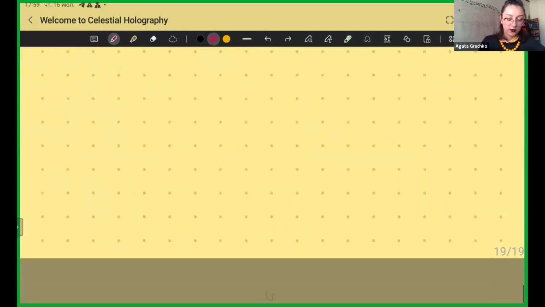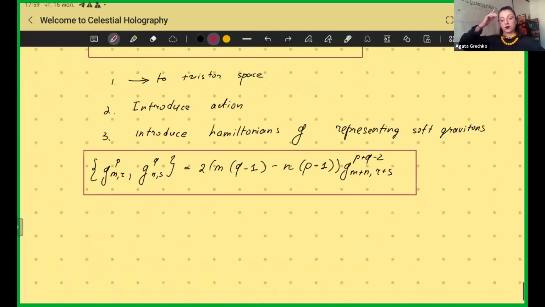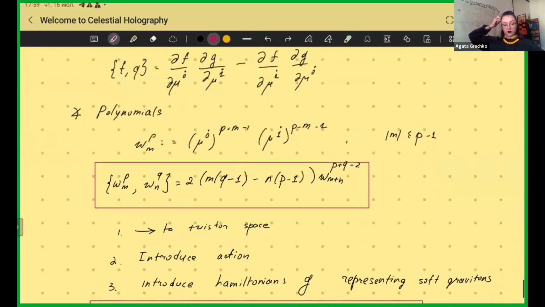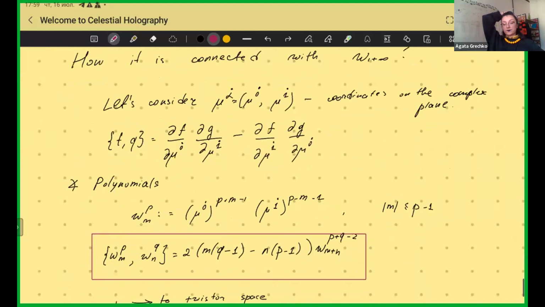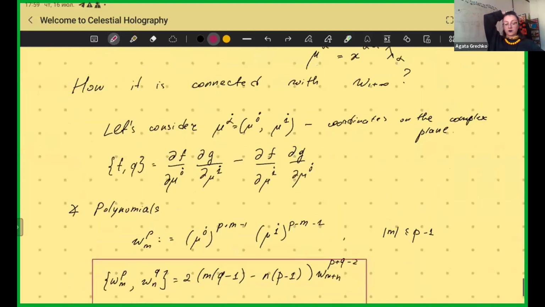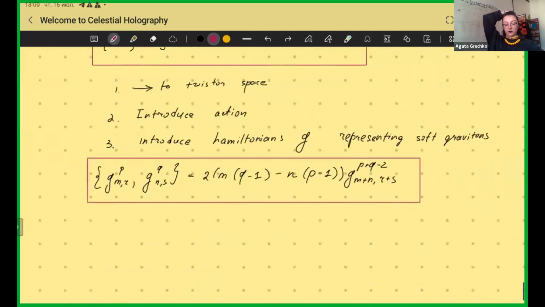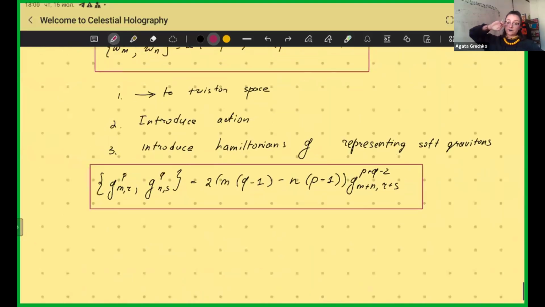We can actually obtain it from setting some string theory model, some sigma model on a twistor space. And this motivates us to use actually the twistor space for finding such an algebra of fields.